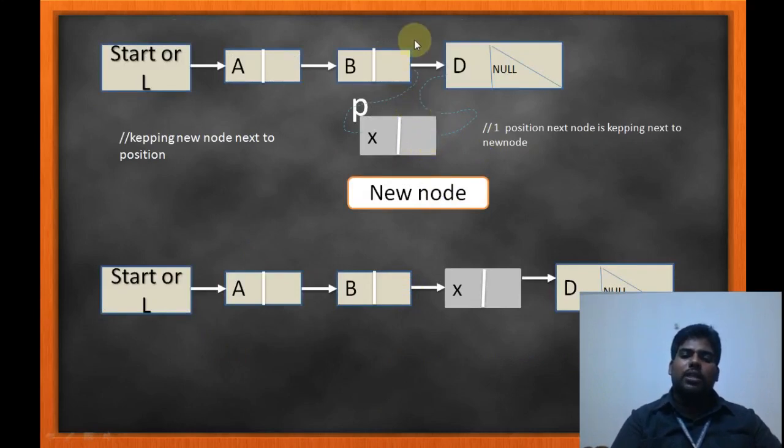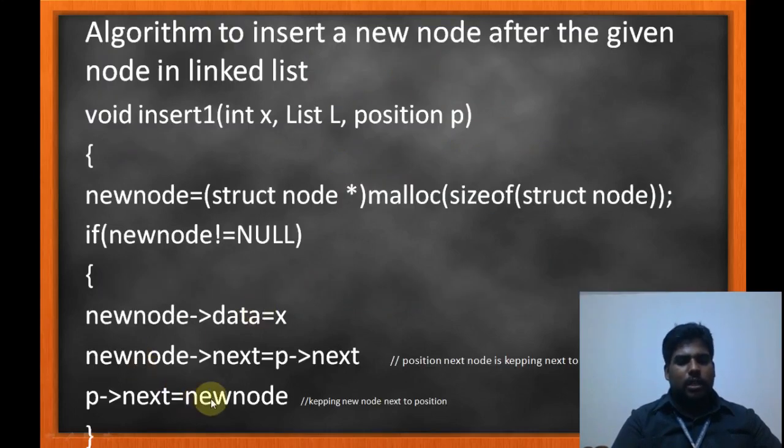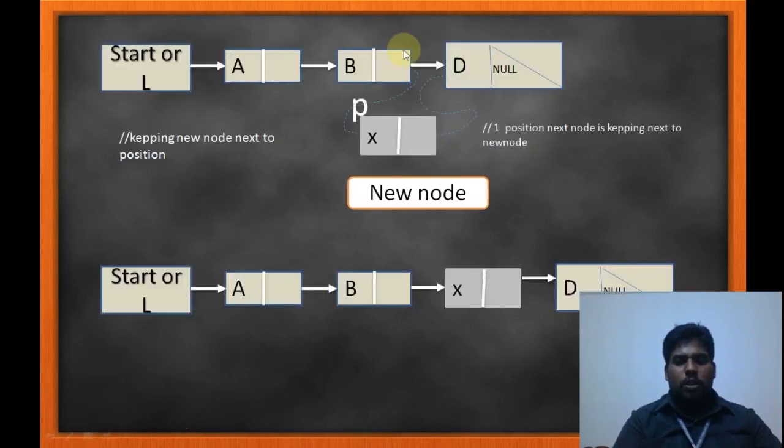Which one is P? This is P, the position. P's next is this. So this link will be created first, at the back of the new node. Then this link will be created, for that P's next equal to new node.